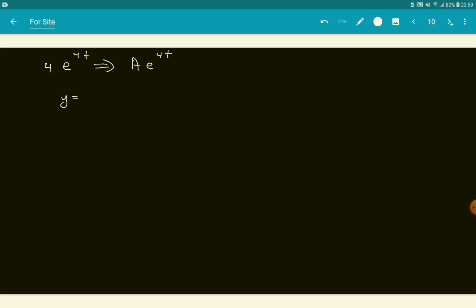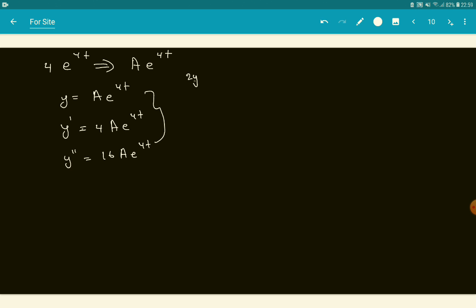y is equal to, we said, a e to the 4t, and y prime will be 4a e to the 4t, right? And for y double prime it will be 16a e to the 4t. Now I know what these are, and I can put everything back.